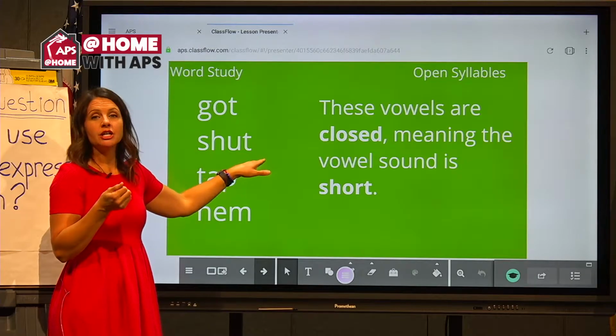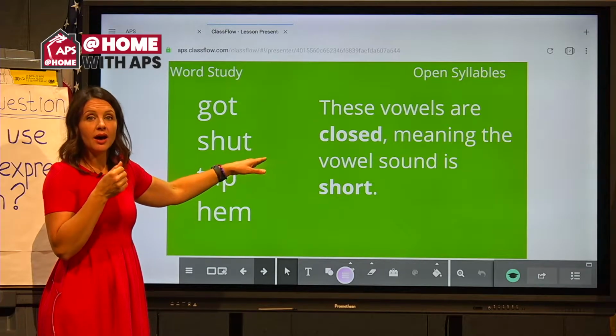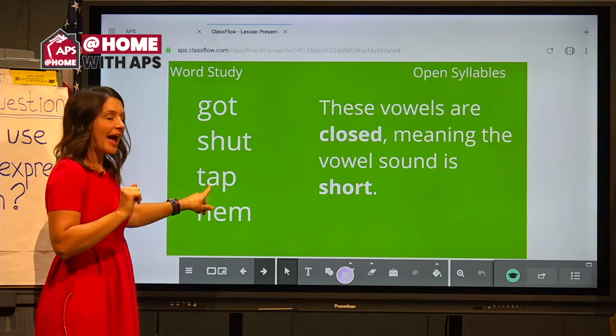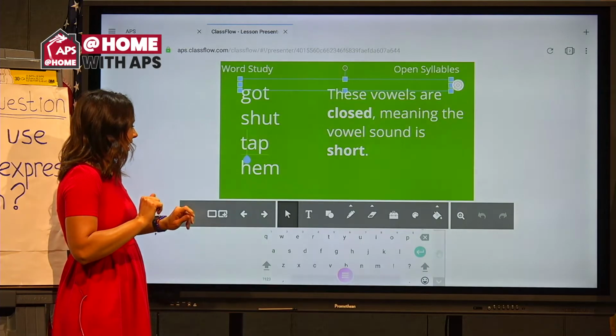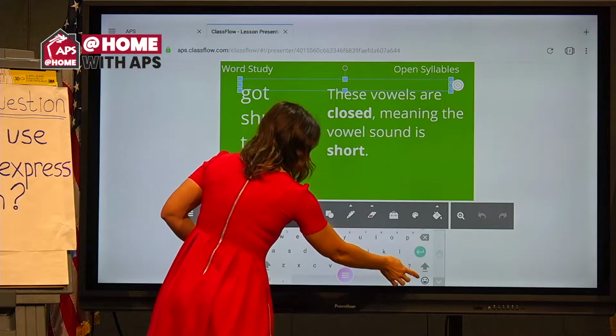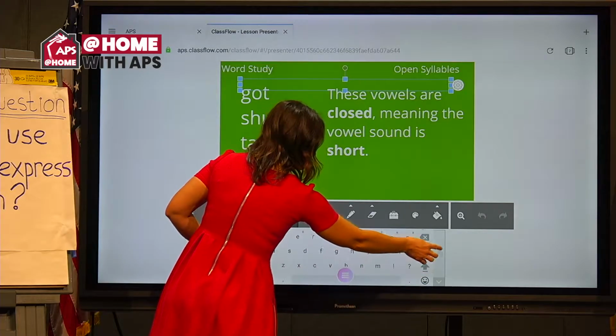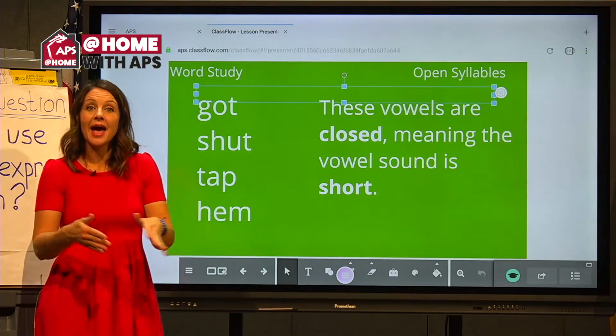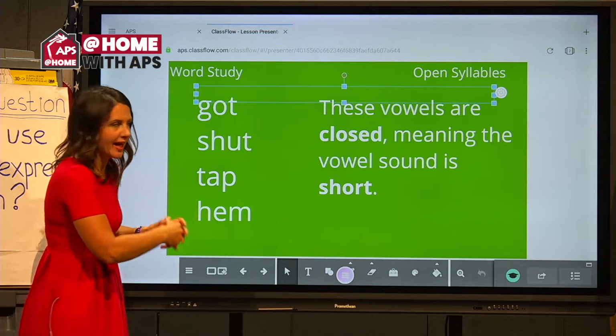The next word, shut. Tap. I always do that too. Let me go ahead and put that down. And the last word, hem.